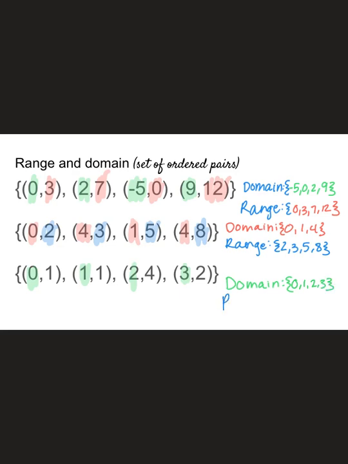And for the range, we've got the y values. We've got 1, 1, 4, and 2. Again, we only list them one time, even if they're there twice. So it's going to be 1, 2, 4. All right.